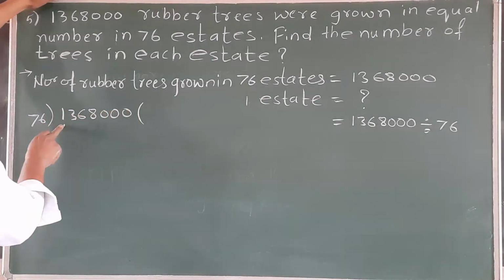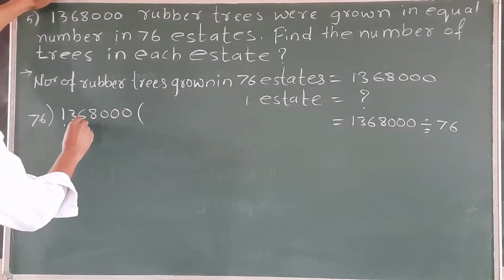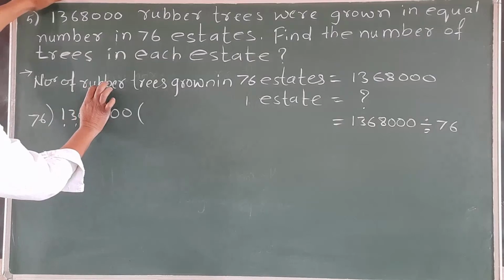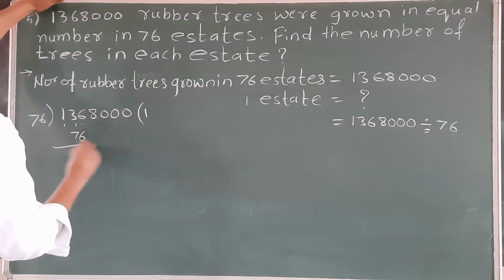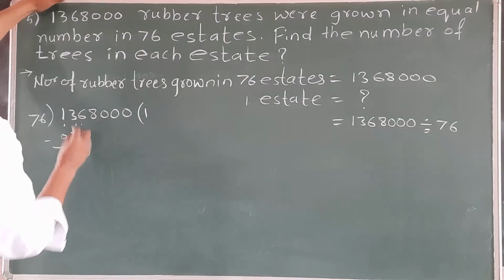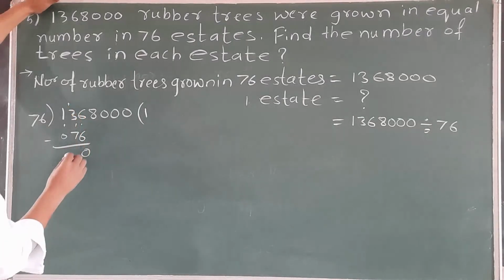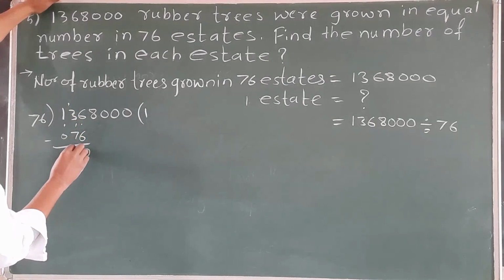In 76 table, 1 is not there, 13 is also not there, 136 also not there. So 76 ones are 76, we will write it and subtract, we get 6, 0.